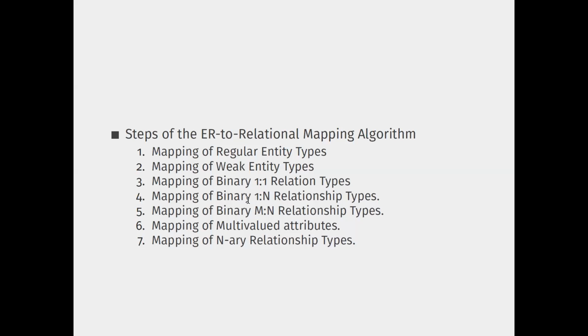So first start with the entity types, then weak entity types. Then we have mapping for different relations: one-to-one, one-to-many, and many-to-many, mapping of multivalued attributes, and mapping of n-ary relationship types.